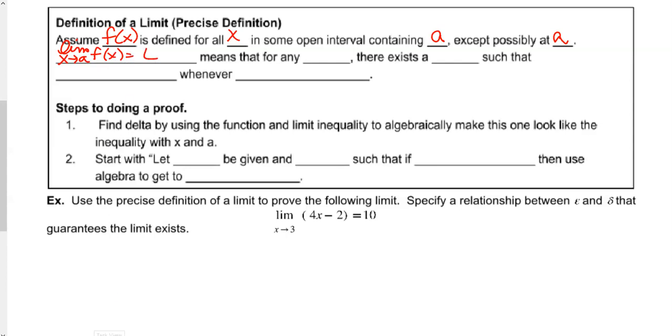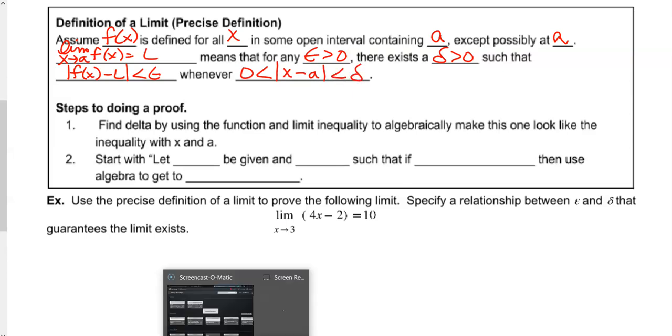So the limit as x approaches a of f of x equals L means that for any epsilon greater than 0, there exists a delta greater than 0, such that the absolute value of f of x minus L is less than epsilon whenever 0 is less than the absolute value of x minus a, which is less than delta. And that right there gives us our formal definition for a limit.